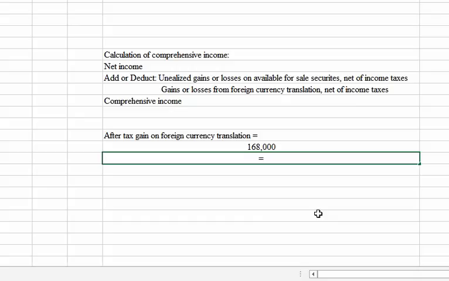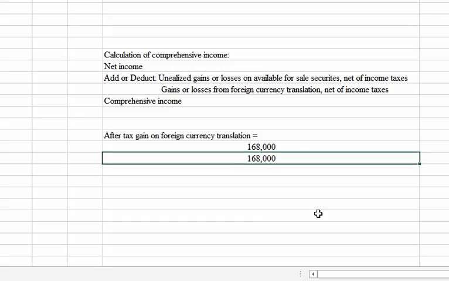The other way would look like this. It would be the total gain, 240,000, minus 240,000 times 0.3.